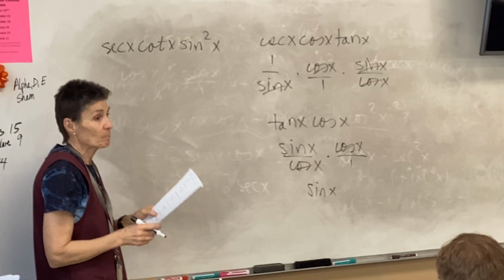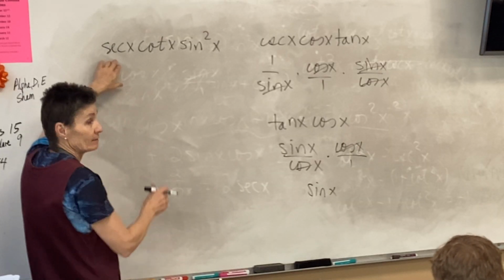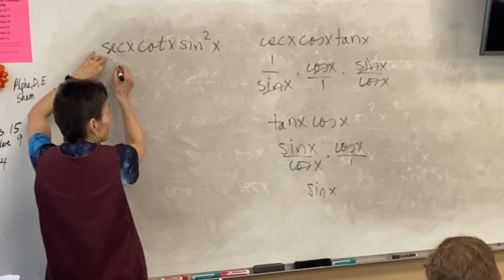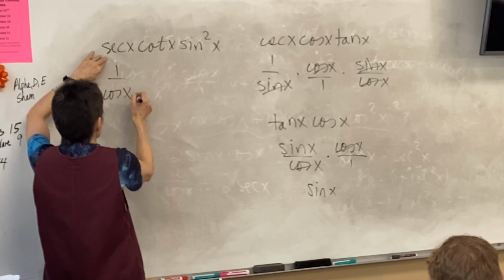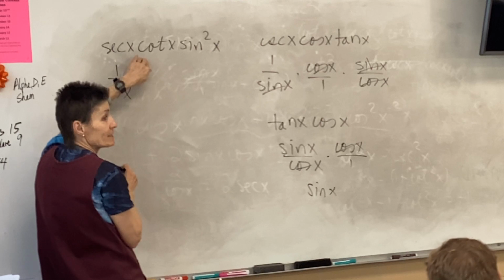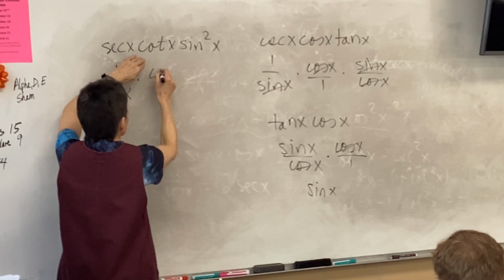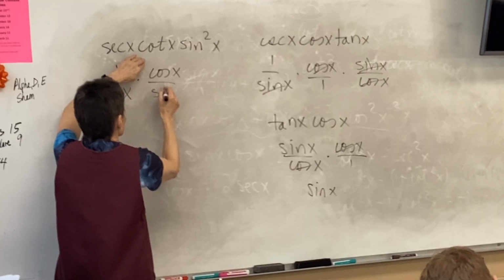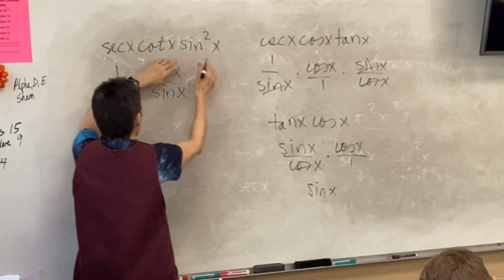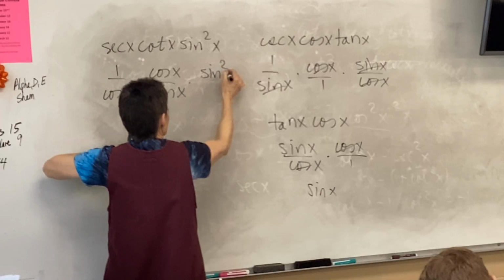Come on, same kind of problem. What are we going to do first? What's secant? Oh, secant is 1 over cosine. How about cotangent? Cosine over sine. And then sine is just sine, so we're going to leave that sine squared.